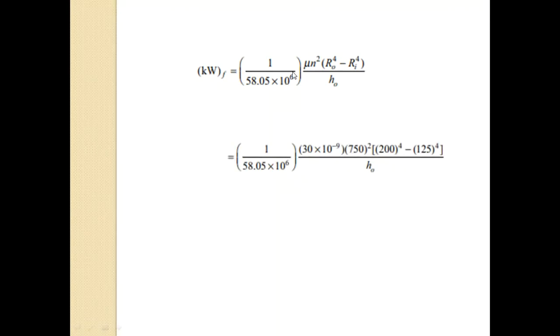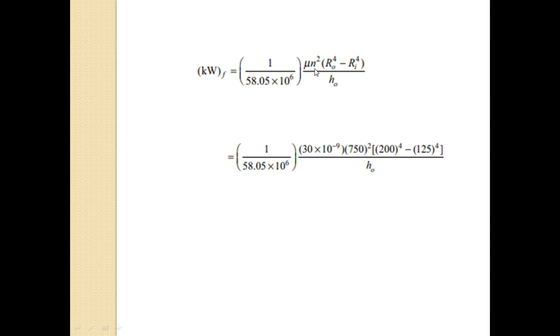Now see here, Kw of F, that means energy losses because of viscous friction, is equal to 1 divided by 58.05 into 10 raised to 6 into bracket, complete in next, mu is 30 into 10 raised to minus 9. This is nothing but the coefficient of viscosity, given in centipoise, so take it as it is, 30 into 10 raised to minus 9.